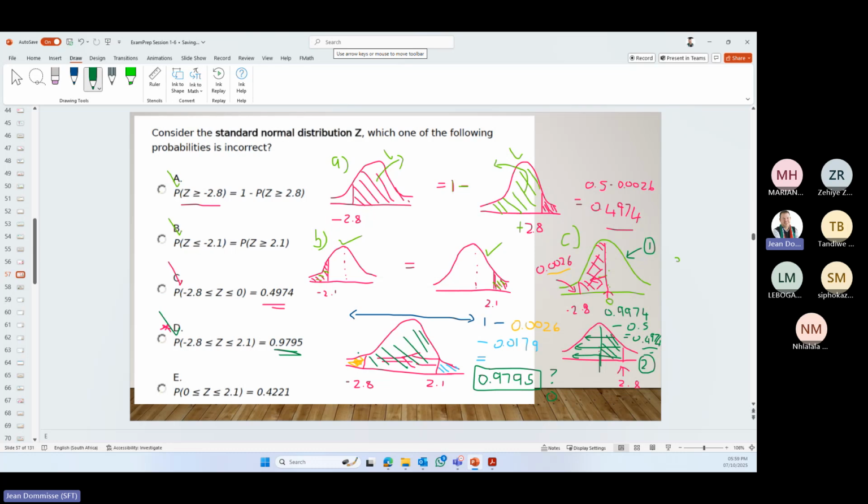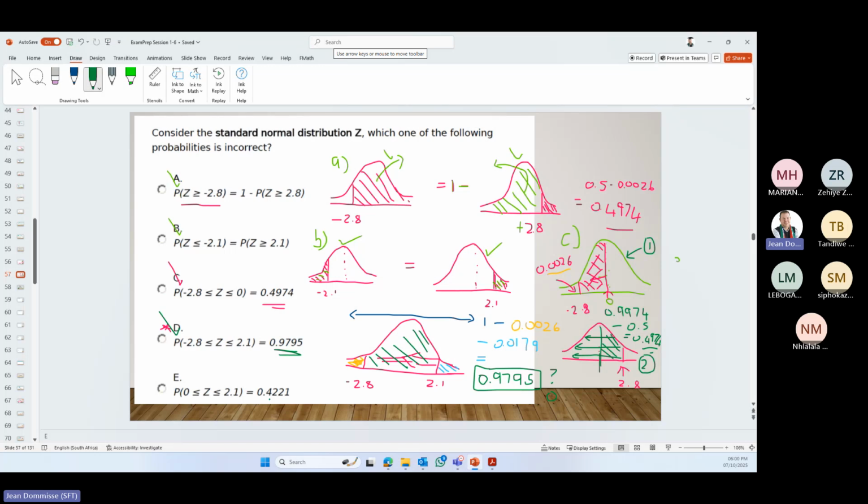Then if we take away the one part and take away the other part, we will have the middle section that we need for the answer. But again, it does take time, because you need to work out both of them and remember to subtract them from the bigger set of 1.